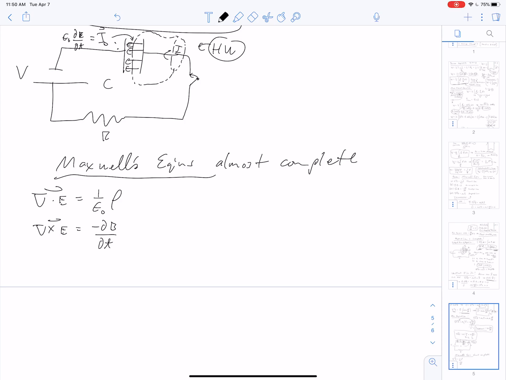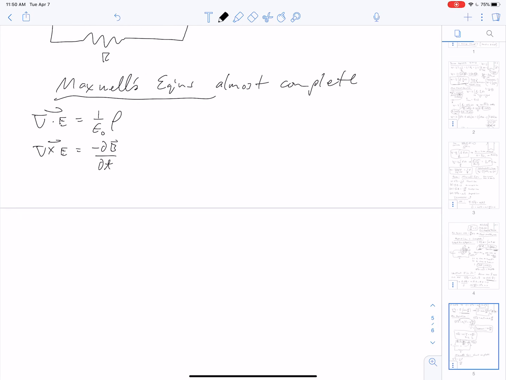So far so good. And we have the del dot B. That one is always 0 because there's no monopoles. And then we have the del cross B is now fixed up, is equal to mu naught J plus mu naught epsilon naught dE dt.